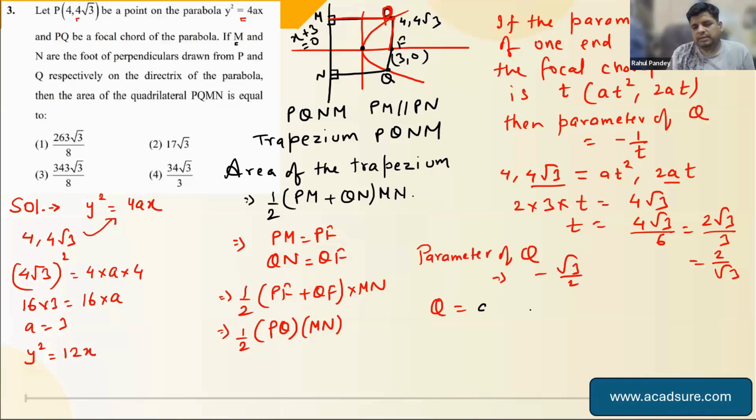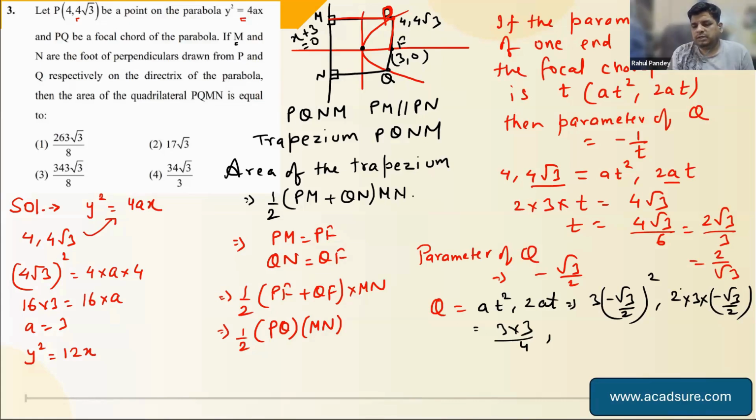It will be 3 into (-√3/2) whole square, comma 2 into 3 into (-√3/2), which will give me Q as (3 into 3/4, -3√3), which is (9/4, -3√3). So we have got Q also.